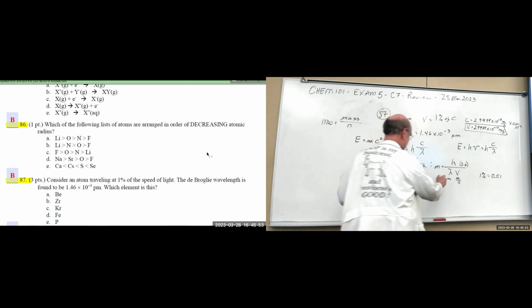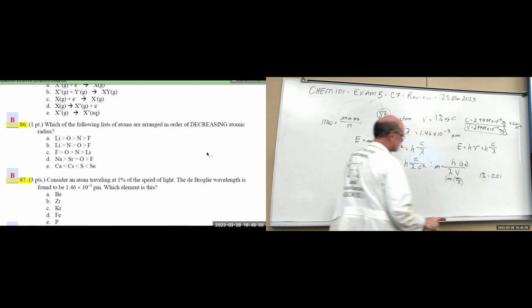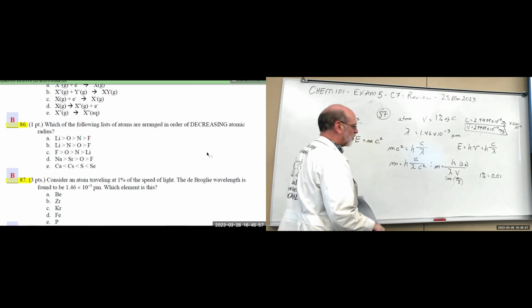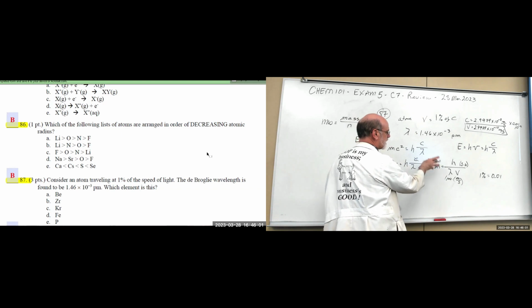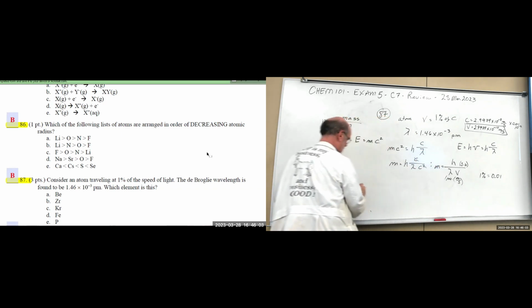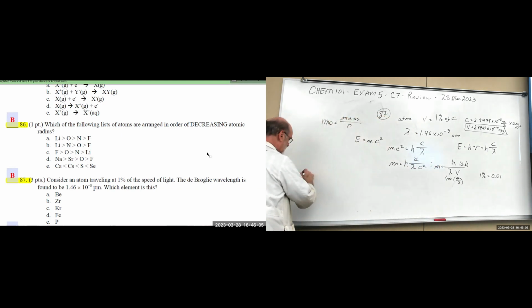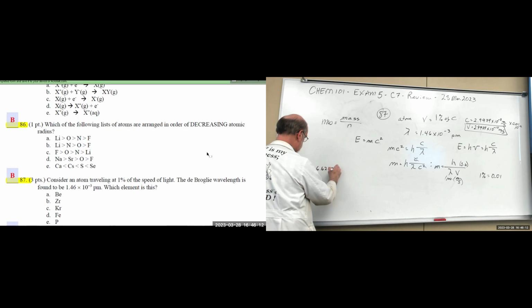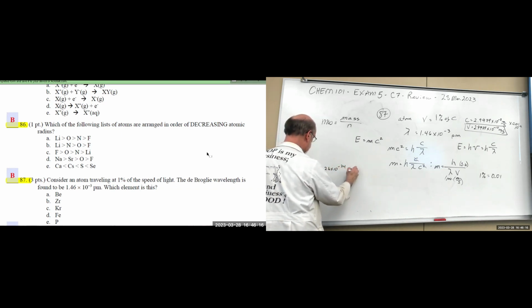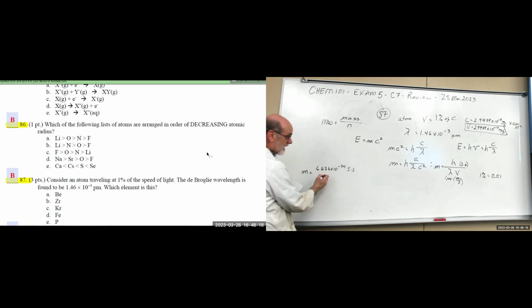Let's find the mass of that atom. The mass is Planck's constant, 6.626 times 10 to the minus 34 joule seconds, divided by the wavelength.